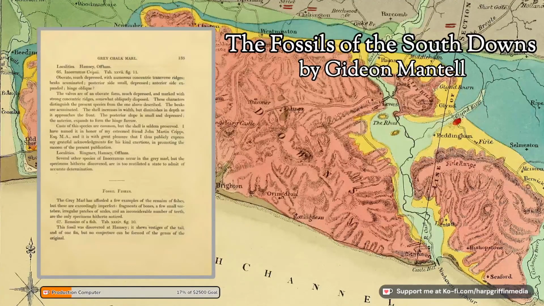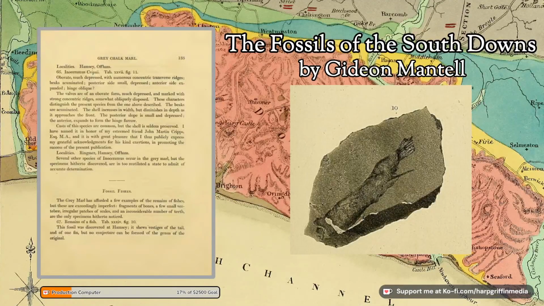Fossil fishes. The grey marl has afforded a few examples of the remains of fishes, but these are exceedingly imperfect. Fragments of bones, a few small vertebrae, irregular patches of scales, and an inconsiderable number of teeth are the only specimens hitherto noticed. 67.